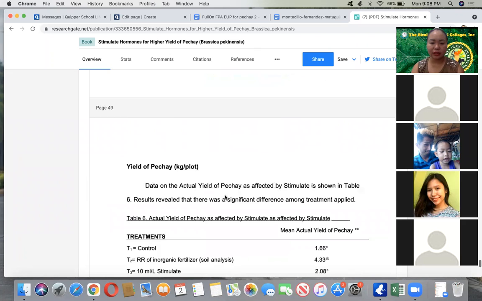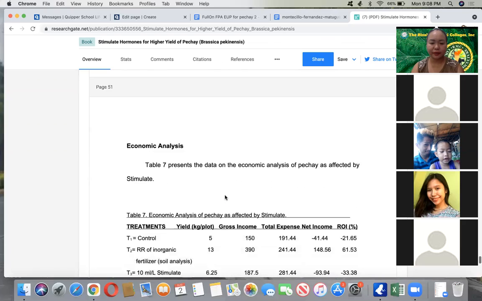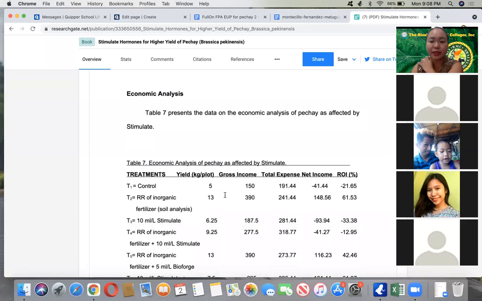So, there are many of you, right? And then this is the yield. And this is a sample economic analysis.